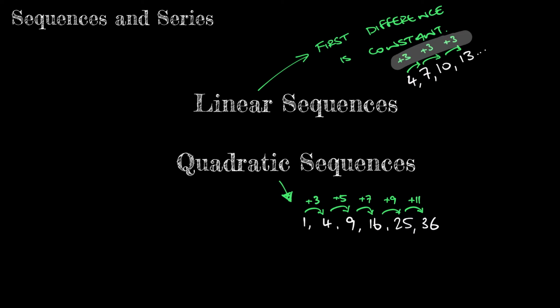In a quadratic sequence, the first difference isn't constant, but you might notice that the second difference is constant. So you can see there that from here to here, the second difference is constant. So in a quadratic sequence, the second difference is constant, and we'll just call that the second difference.